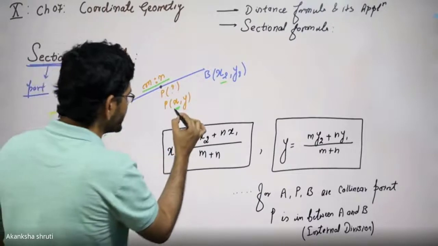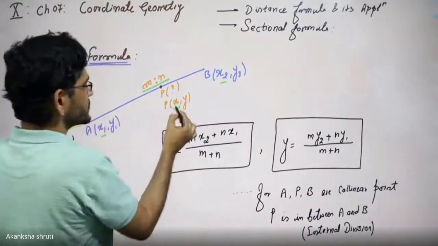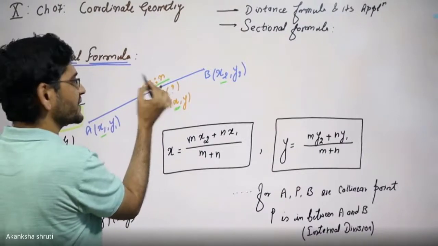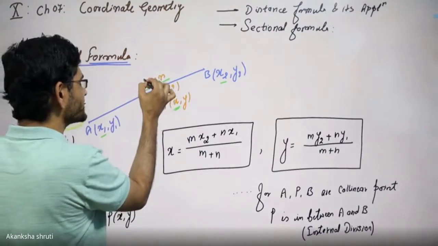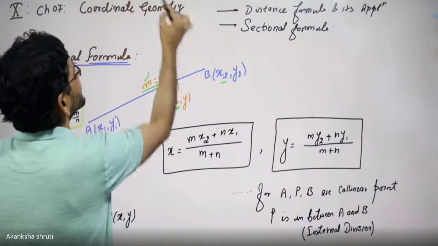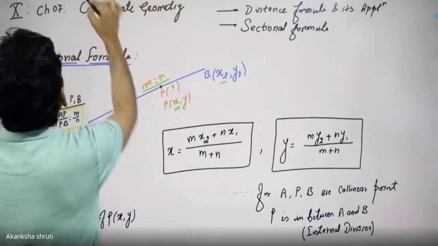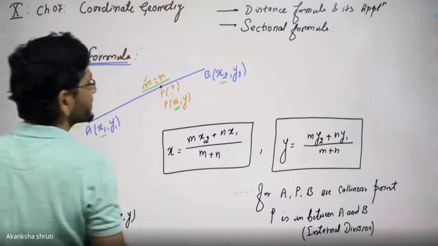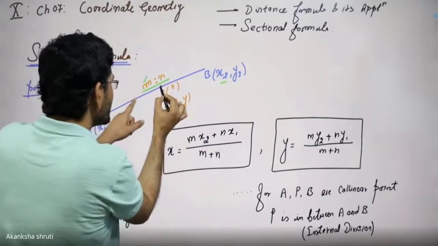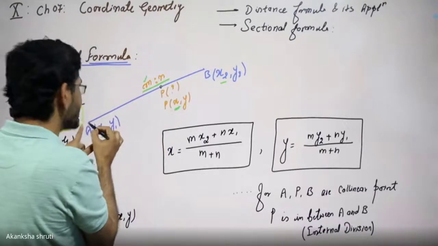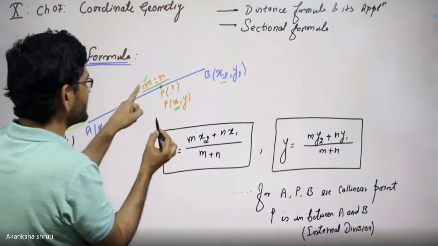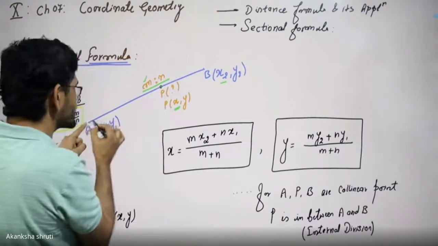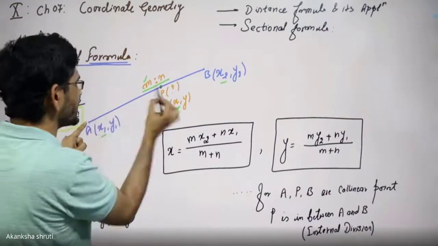Students, for getting this x, so x is equal to, you must take one of the ratio. Student, you may start with this m or n. Let us start with m. So write this as m, then this m is on the left hand side of this P. Keep in mind, it is the ratio m to n. So m is corresponding to AP.